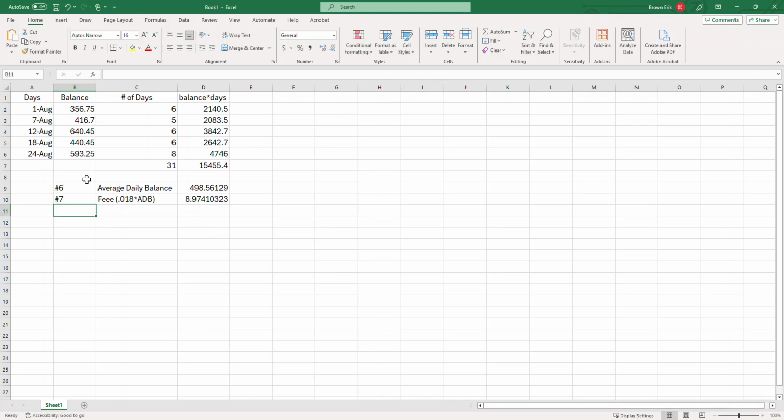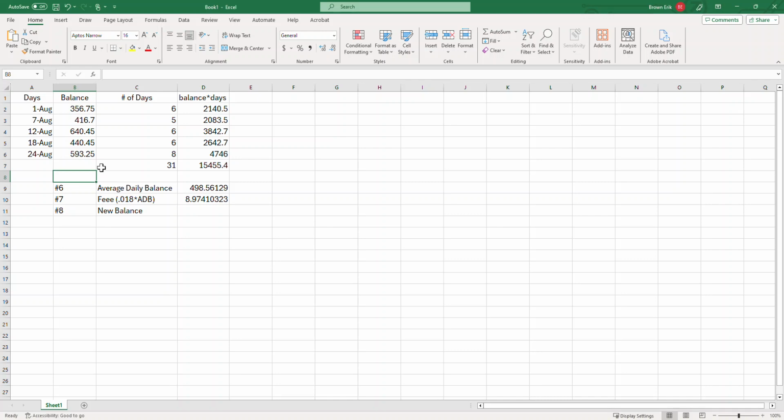And then for number 8, this is one that a lot of students get wrong. The new balance. So this average daily balance was never actually a balance, right? These are the balances that there were on the credit card at any given point in the month.